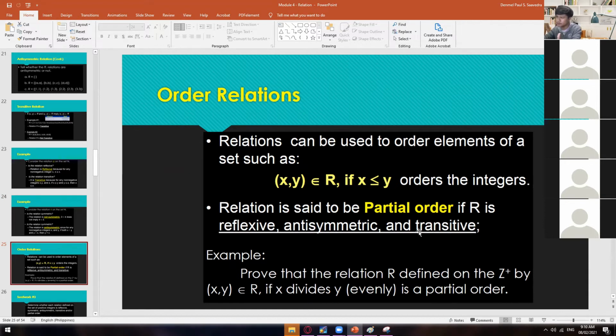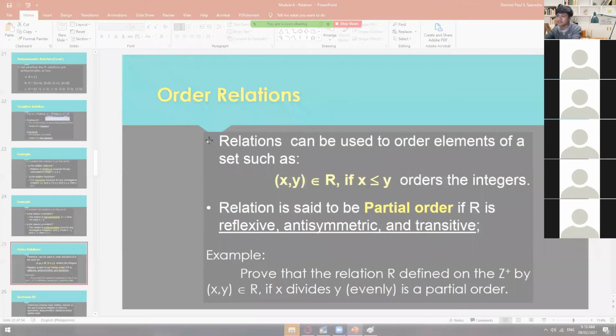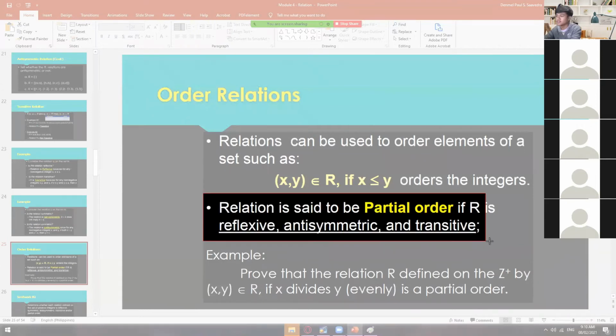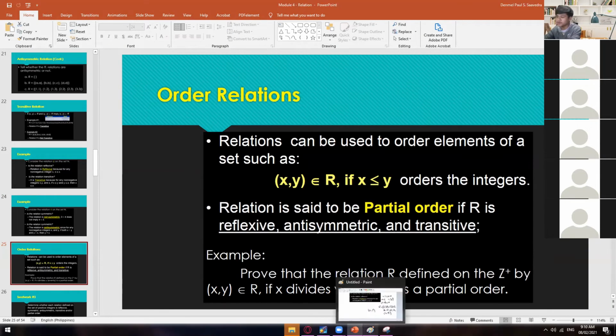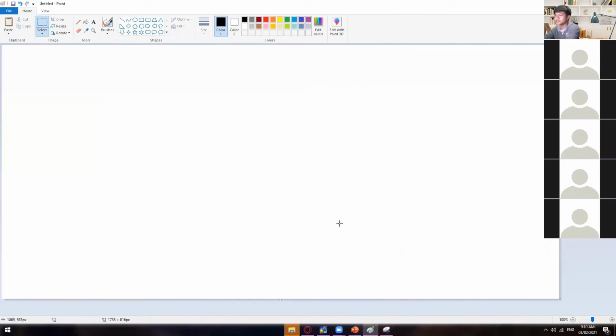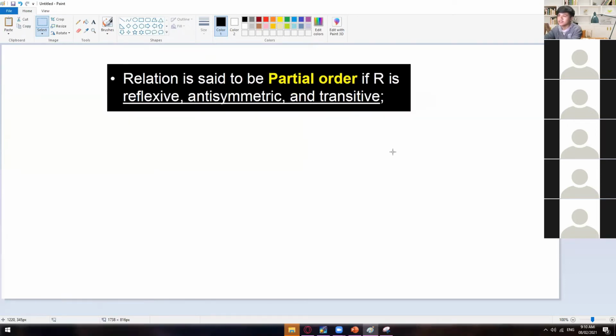So for you to be able to say that this one is a partial order, you can actually just say that it should be equal to RAT.